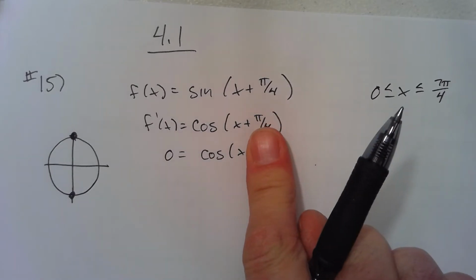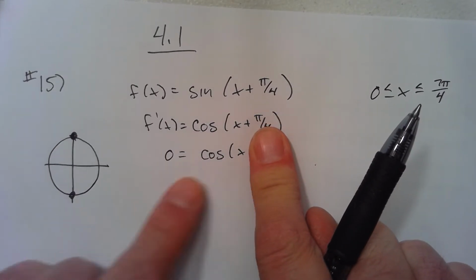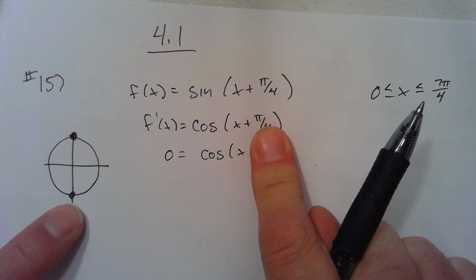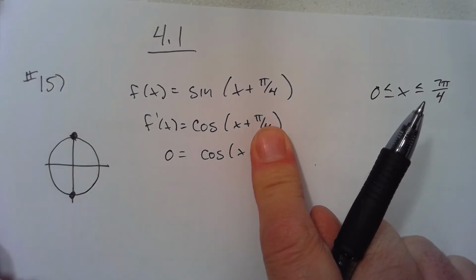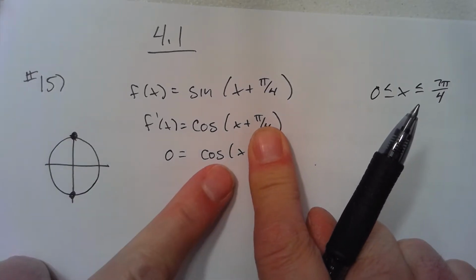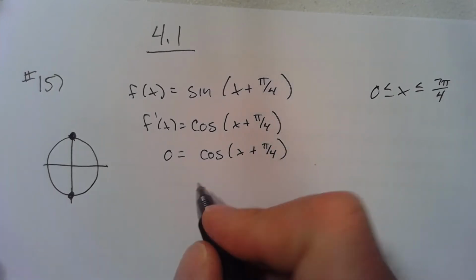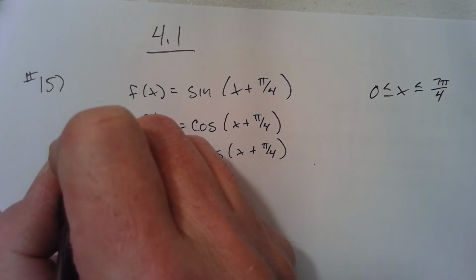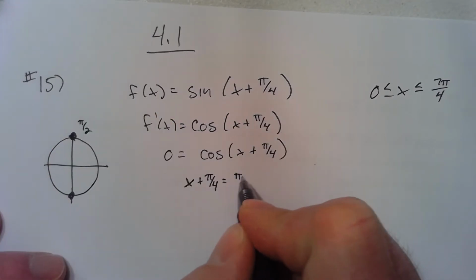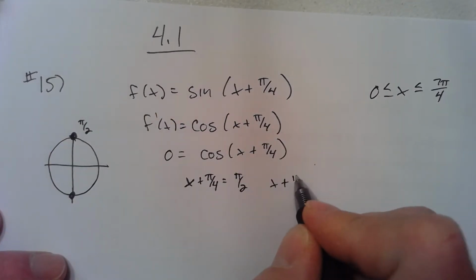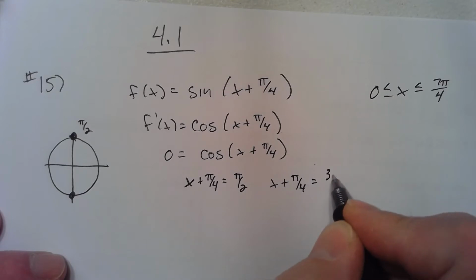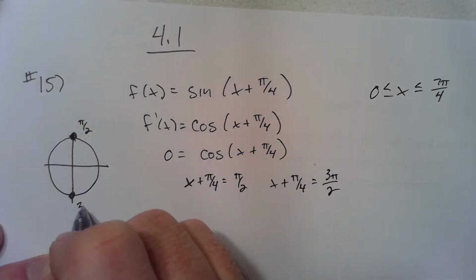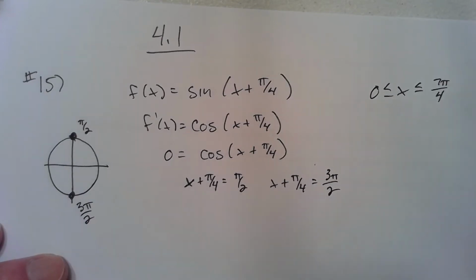So if it was cosine x equals 0, x would then be pi over 2 and 3 pi over 2 for our first revolution. But it's not just x, it is x plus pi over 4. So we have x plus pi over 4 equals pi over 2, and x plus pi over 4 equals 3 pi over 2. So we have two solutions to solve here.